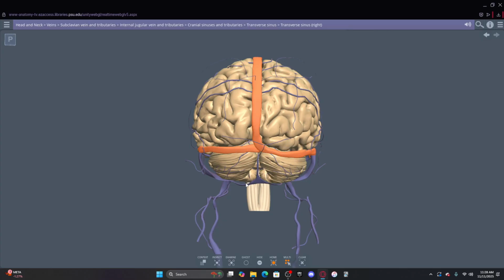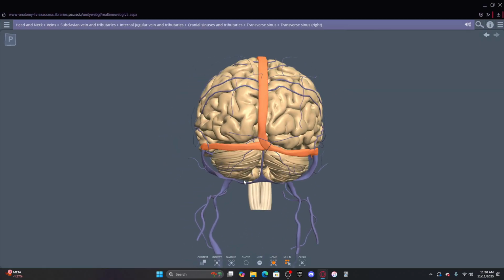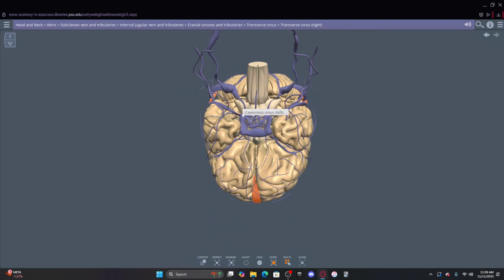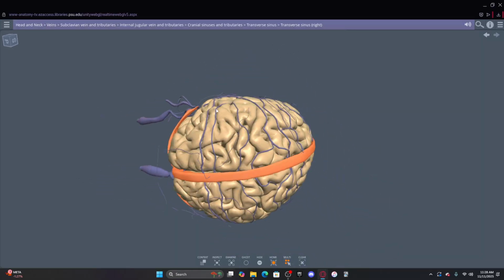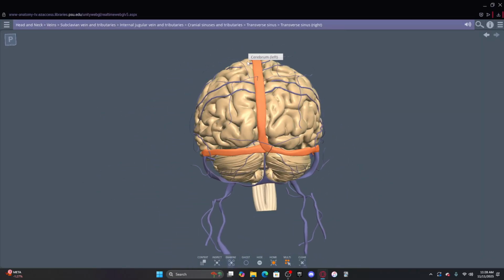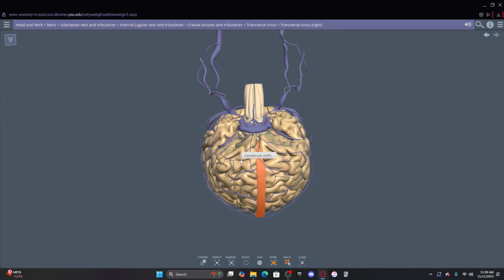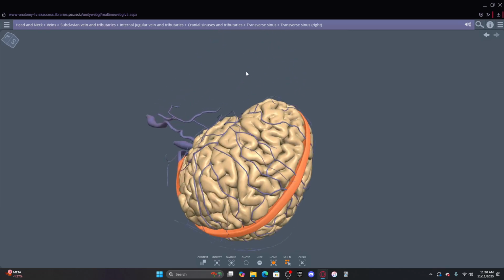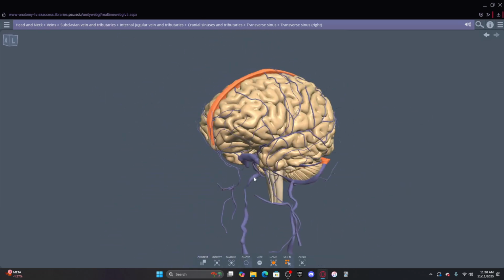And remember, you're going to want to orient yourself on right and left with the brain, because it depends on how I'm looking at it. If I'm looking at it like this, this is going to be right and this is going to be left. If it's turned this way, this is going to be right, this is going to be left. If I flip it around, you're not going to know how to orient yourself.